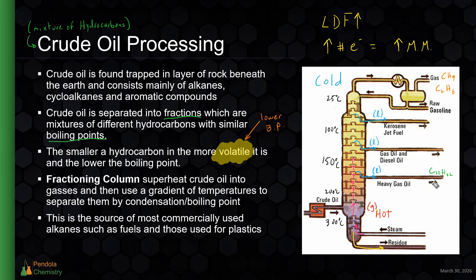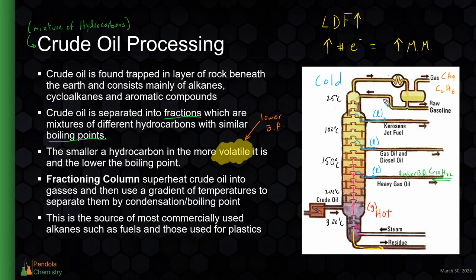These are not as volatile, and so they're going to have much higher boiling points. So the bigger molecules are going to come out and liquefy at a higher temperature, whereas the much smaller molecules, with much lower London dispersion forces, are going to come out at the top when it's cooler.